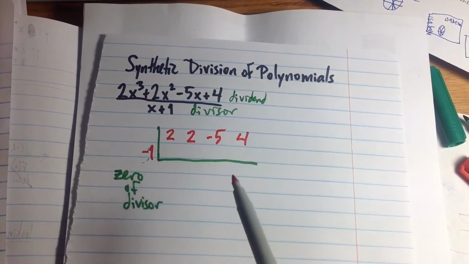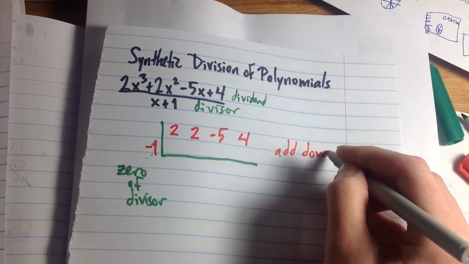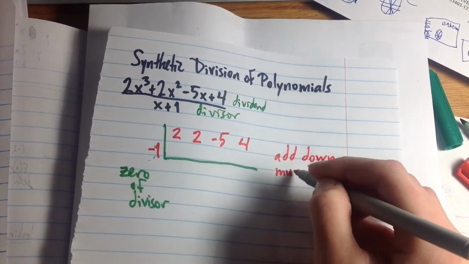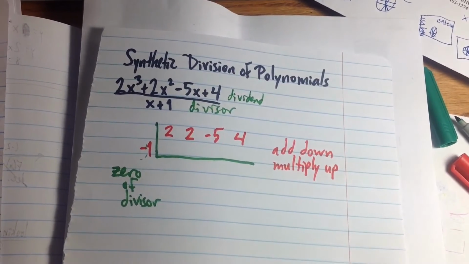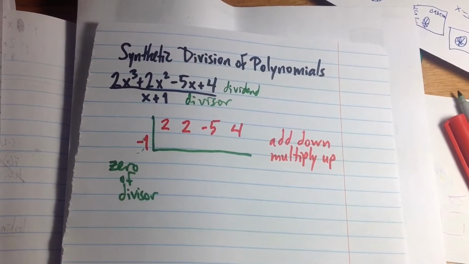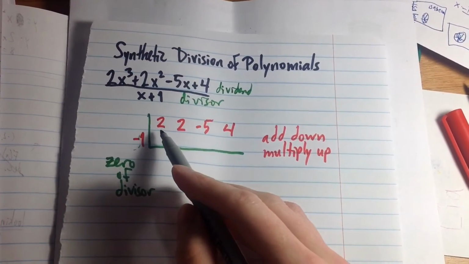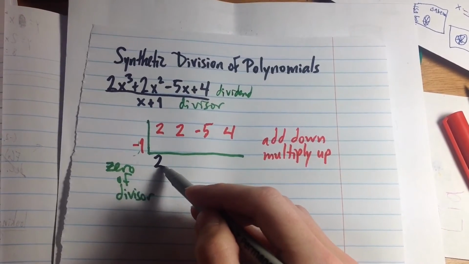Now, once we've got the problem set up, we are going to add down and multiply up. Compared to long division, this is going to be really easy, really simple. So we start with this first number, which is 2. We add down, but there's nothing to add to it, so we just bring it right down.